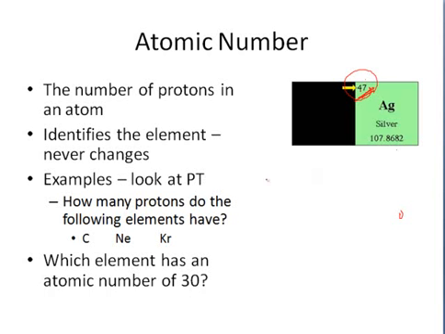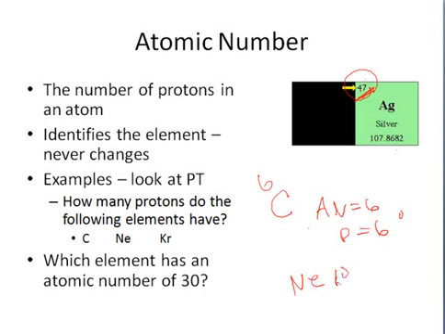So if we look at the periodic table, let's identify what the atomic number is, or the number of protons, for each of the following. If we look at carbon, it's got a 6. Sometimes the 6 is up there, sometimes it's somewhere else, but the 6 means the atomic number equals 6, which means the protons equal 6. Neon has an atomic number of 10, so it's got 10 protons.